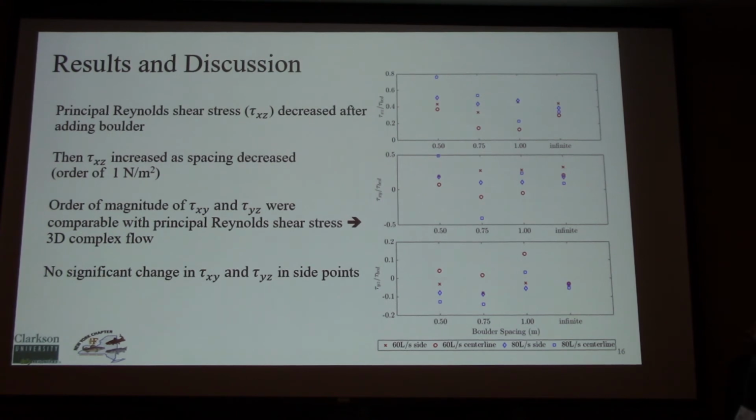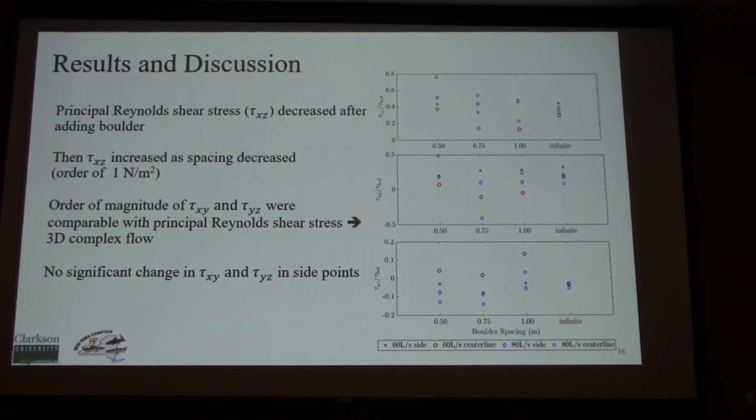Okay, Reynolds shear stress. We call Reynolds shear stress in the XZ plane principal Reynolds shear stress, because it usually has a higher order of magnitude in comparison with other planes. So after adding boulders, it decreased, but after decreasing the boulder spacing, it increased.